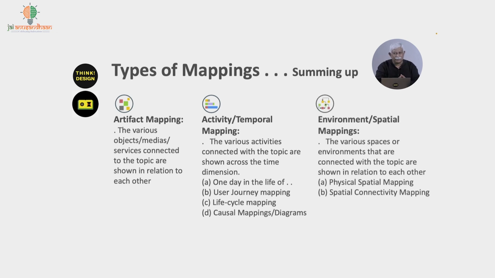And the last one that we just did was spatial mappings. It's also known as environment mappings. The various spaces connected with your topic are mapped in relation to each other. Again, a very subtle difference between the two. You do it on a space, on a physical space, and if you can actually make connections, then it becomes a connectivity mapping.